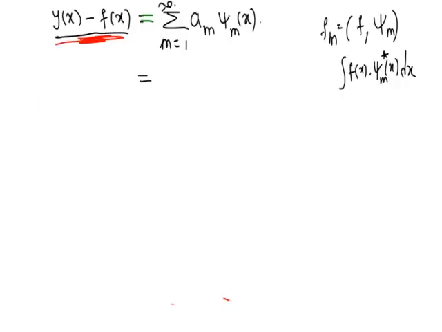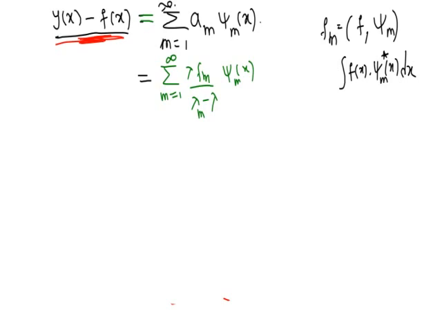So what we will get is the summation, m going from 1 to infinity, of lambda Fm divided by (lambda m minus lambda) times xi_m of x. But what is Fm?